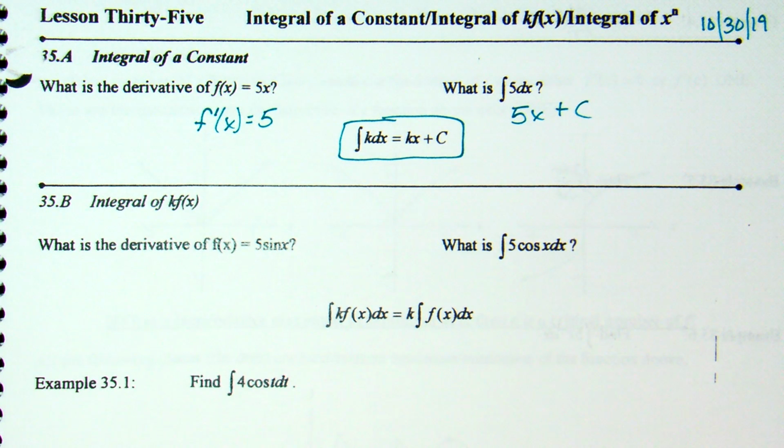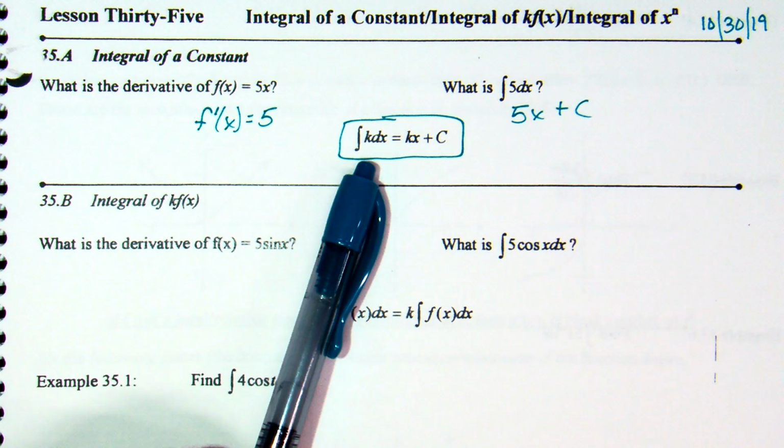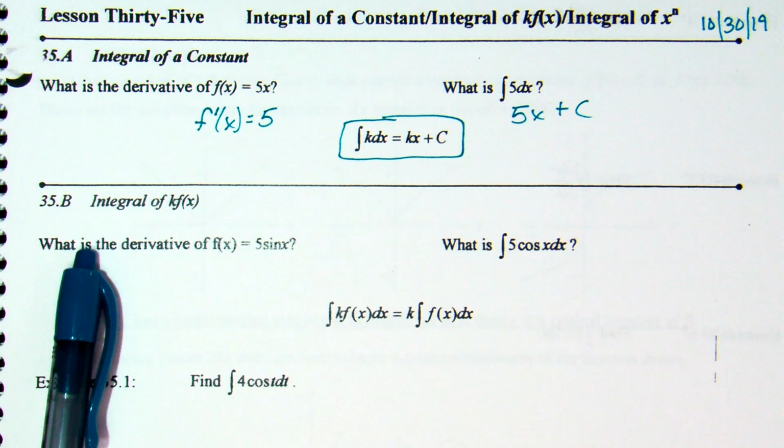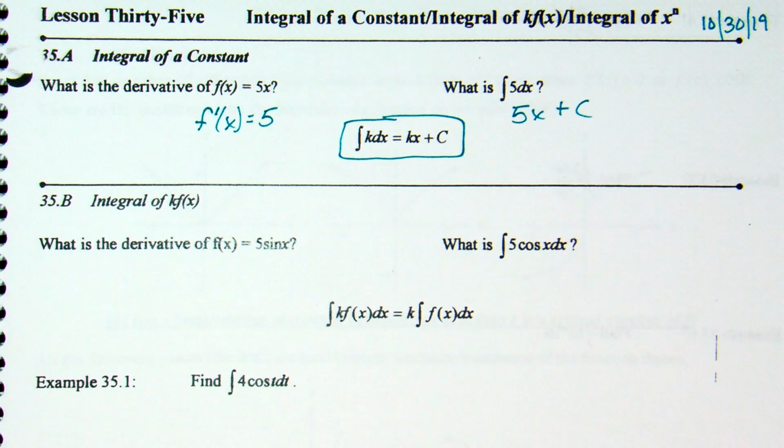Okay, so that's why we always have the plus c. So this part right here is a little bit of what we've done, but if you have a constant and you're doing that integral, you're going to add an x back in. That's what's happening.